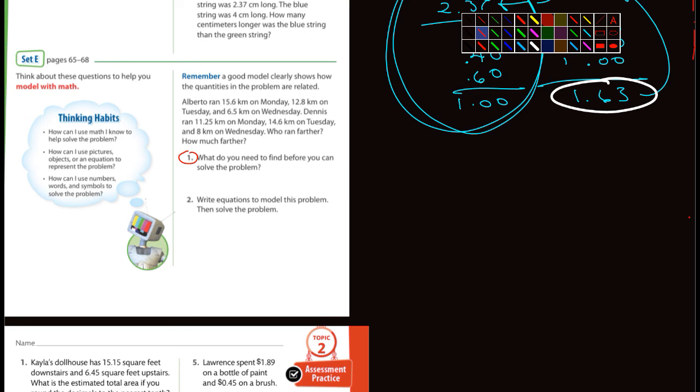They don't ask you to draw blocks, for example. I guess they consider the equations a model. But if those help you, then go right ahead and do it. Okay, that's it. That's all I want you guys to work on today, and we'll grade this tomorrow. And I'll talk to you later.